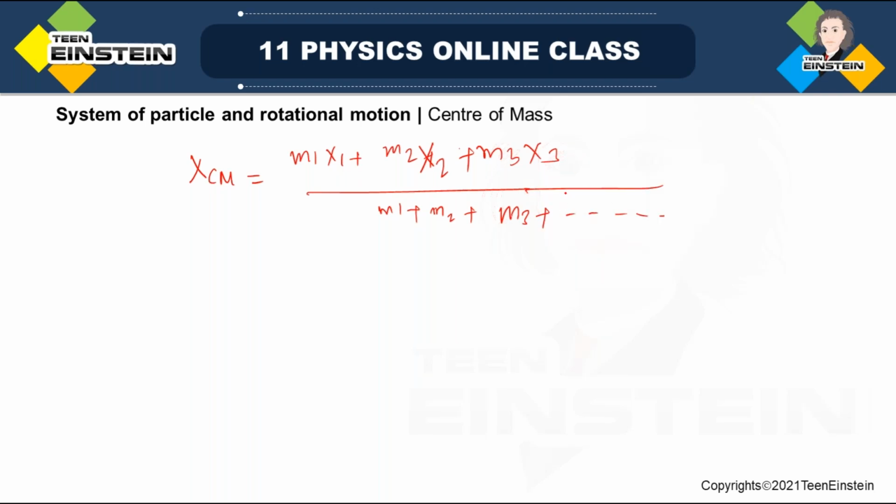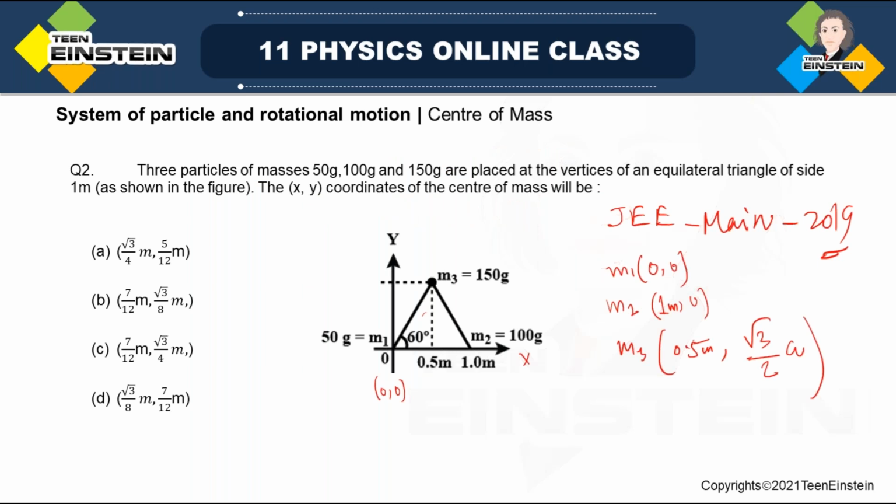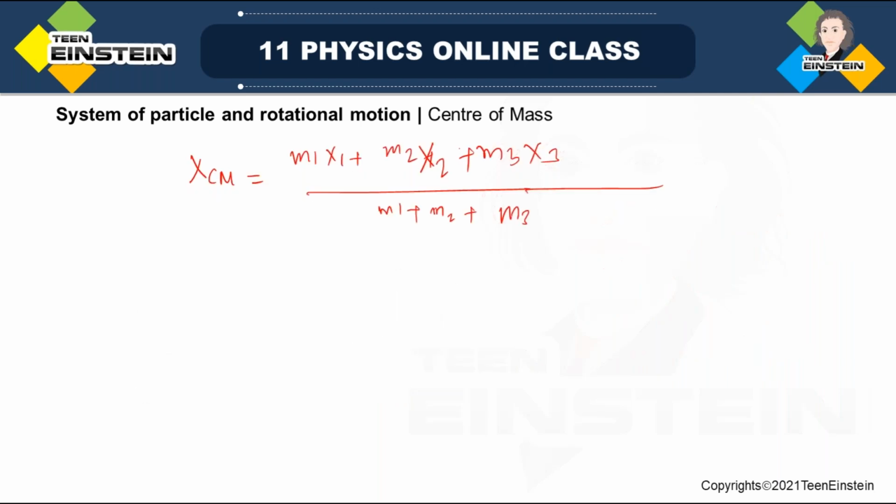So here there are three particles. Now if we just write the coordinates, it will give you the right answer for this center of mass. Whatever m1 may be, x1 is 0 because it is situated at the origin, so this part will give you 0 anyway.